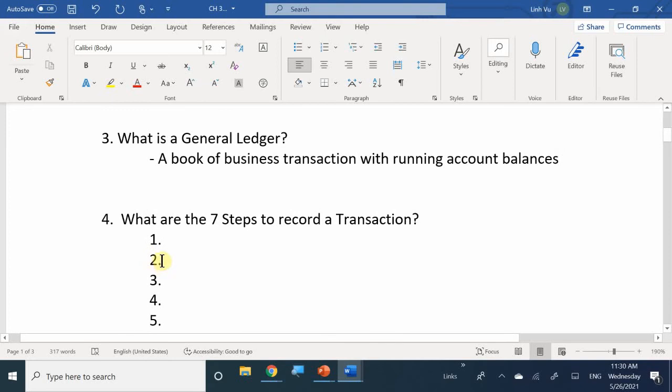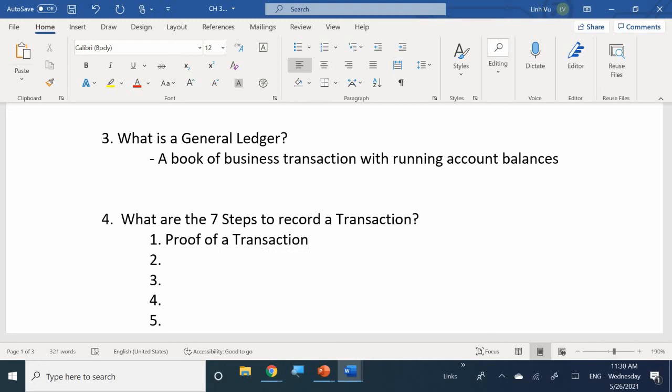Right. Number 4. What are the 7 steps of transaction analysis? First is the proof of the transaction. Proof. Good. So, okay, what's next? How it affects your business. Mm-hmm. What's next?